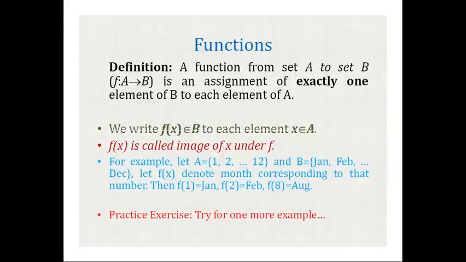So we have f of 1: the month corresponding to 1 is January. f of 2: the month corresponding to 2 is February. So that is the rule which helps to map elements in set A to elements in set B. f of x equals the month of the corresponding number x. So that rule is called a function.